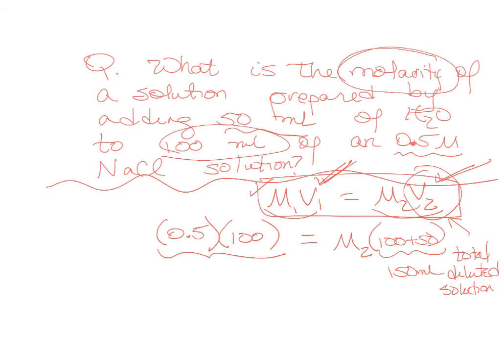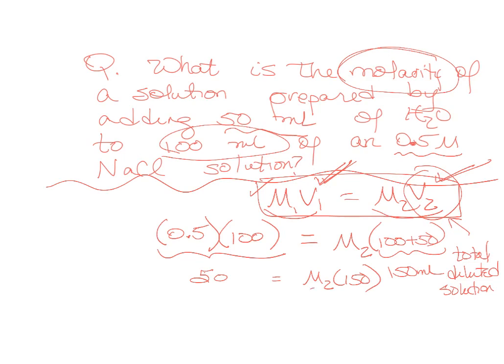Now, if I want to simplify, I have 50 on the left side equals M2 times 150.